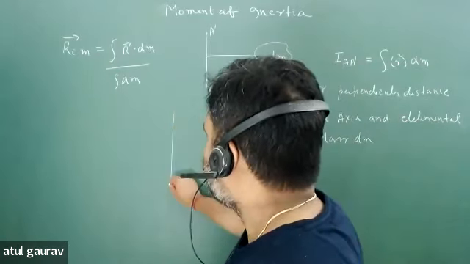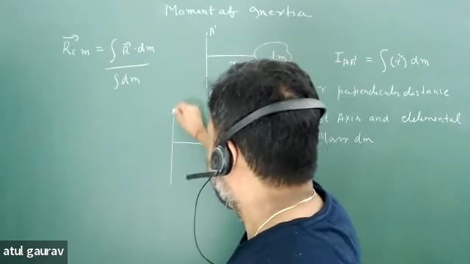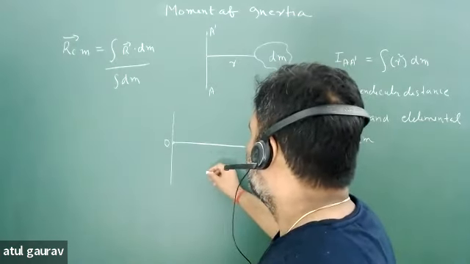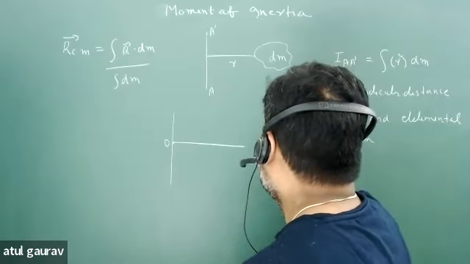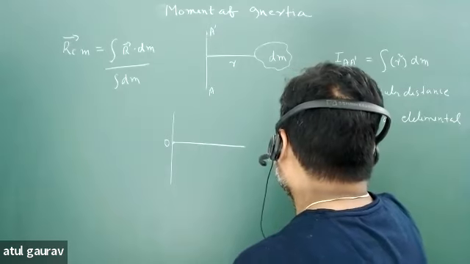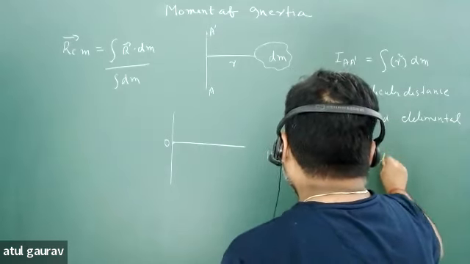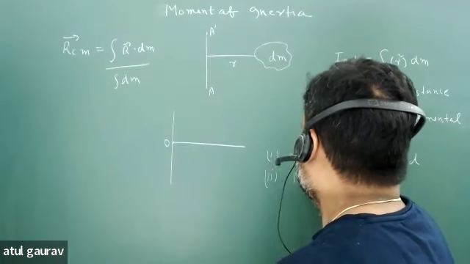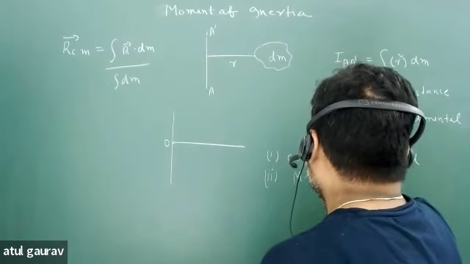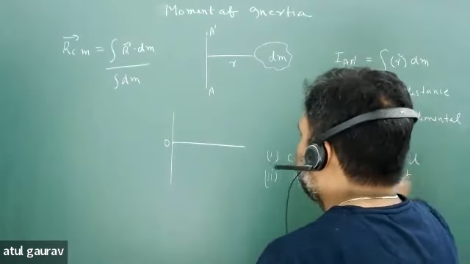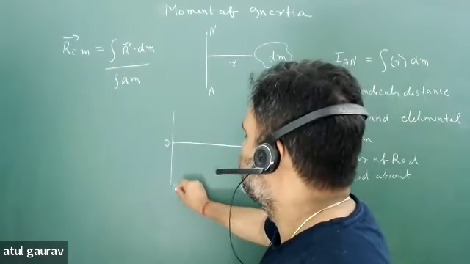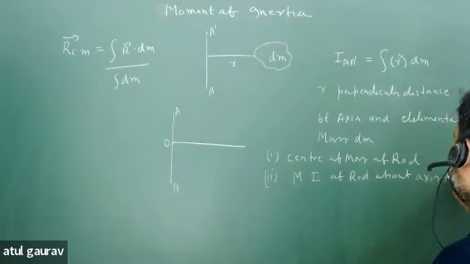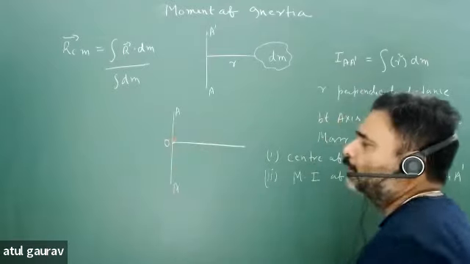So there is a rod, and this is the axis, and this end of the rod is O. What we have to do: first we have to calculate the center of mass of the rod, and second we have to calculate the moment of inertia of the rod about axis, let's say this axis is a dash, which is passing through one of the ends of this particular rod.